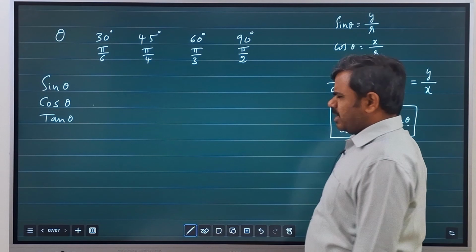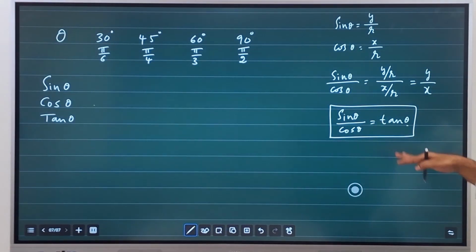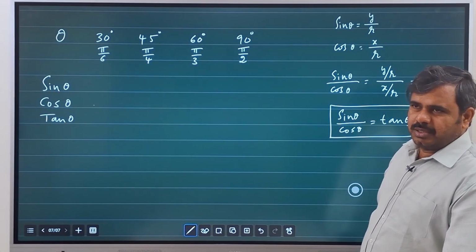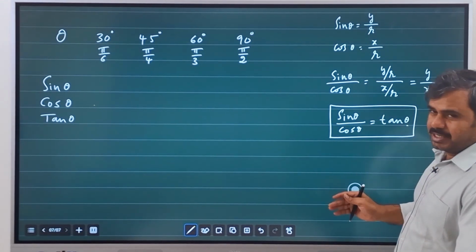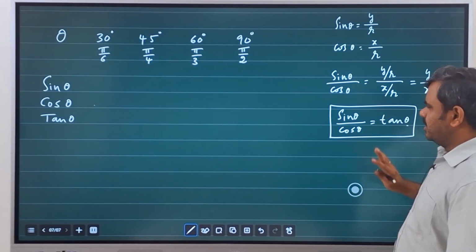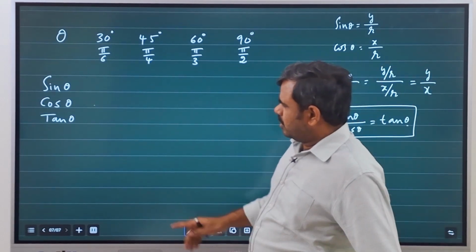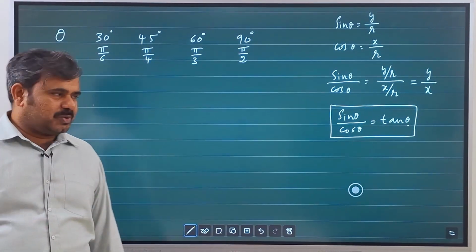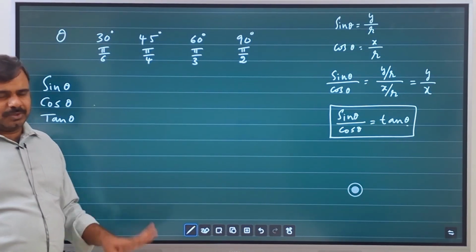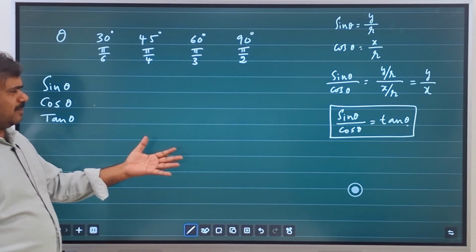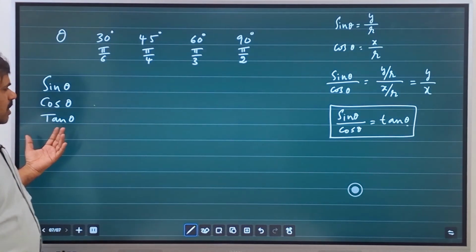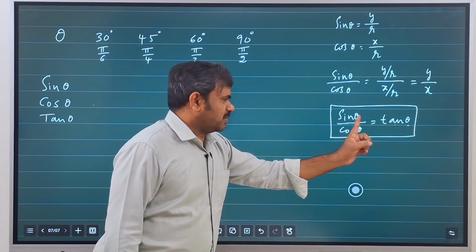This is one relation between these three ratios. Sine theta, cos theta, and tan theta are related by this equation. So if you can find sine theta values and cos theta values, you will know tan theta values from this relation.